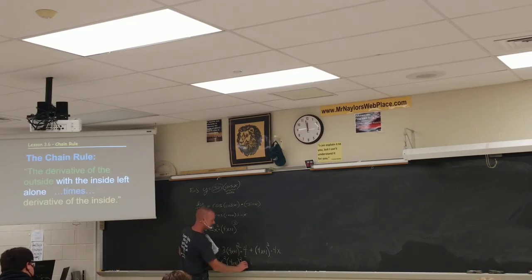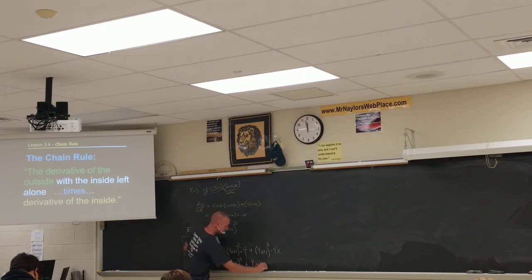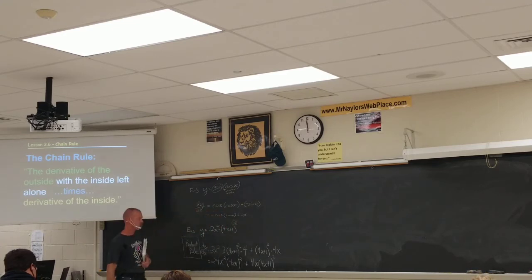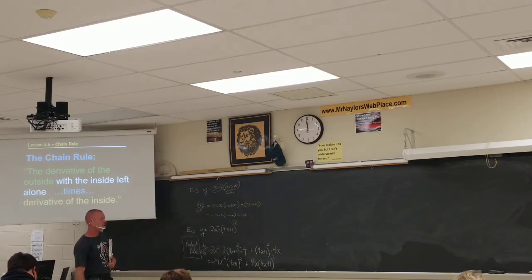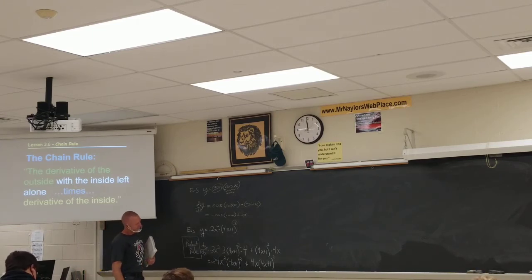And then I guess really not much happens over here. Just recopy. We tend to write the 4x in front, so the x can kind of come along with it.